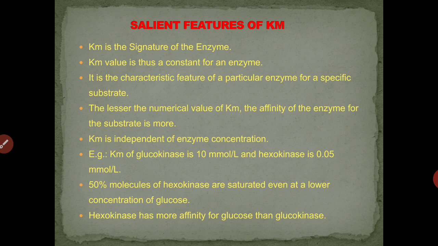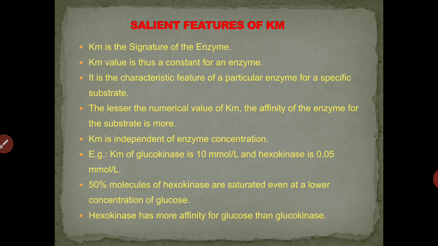So 50% of the molecules of hexokinase are saturated even at a lower concentration of glucose. So a very minute amount of glucose will be converted to glucose 6-phosphate by the hexokinase enzyme, because hexokinase has a higher affinity, so even the minimum amount of glucose will be converted to its product, that is glucose 6-phosphate.